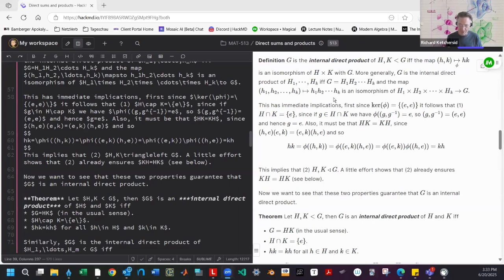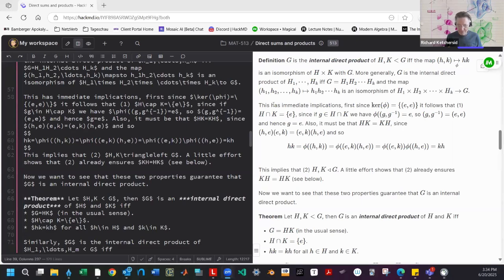If G is going to be the direct product of these K groups, then we need elements from H1 to commute with elements from HI, right? Things like that. But we don't need all the elements of the group themselves to commute. We just need things to commute between these subgroups, right? So that's a slightly different thing.